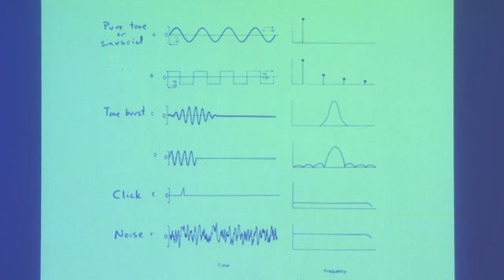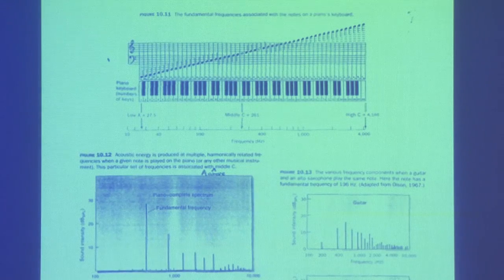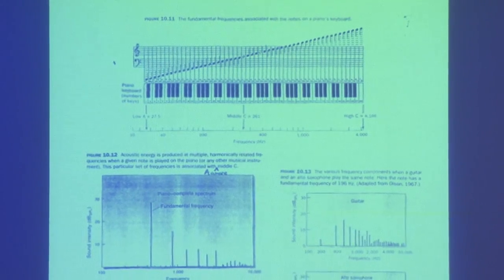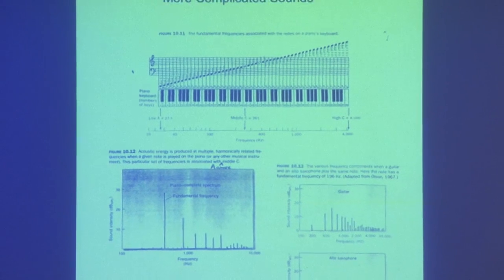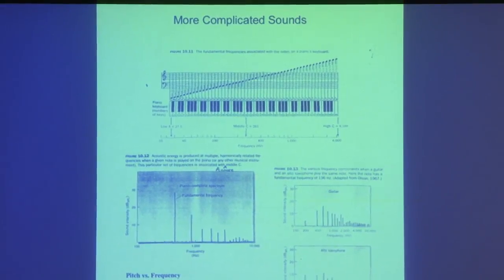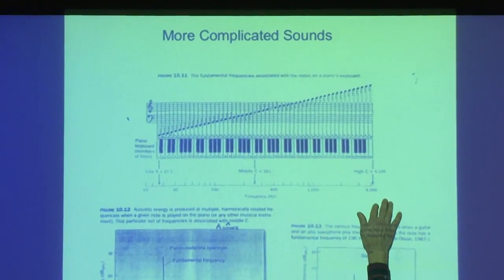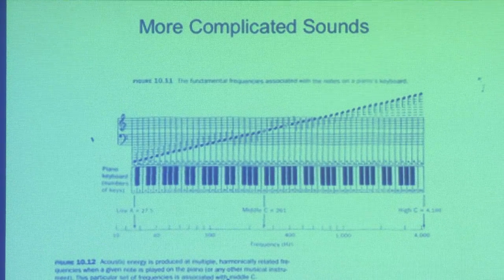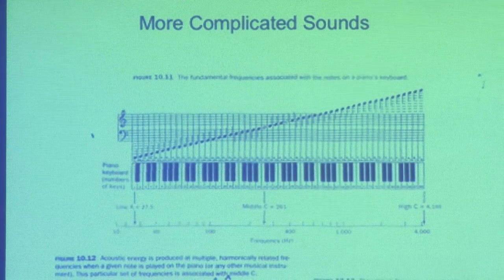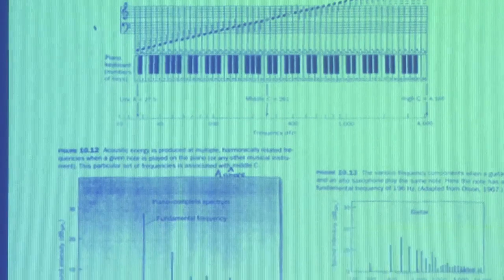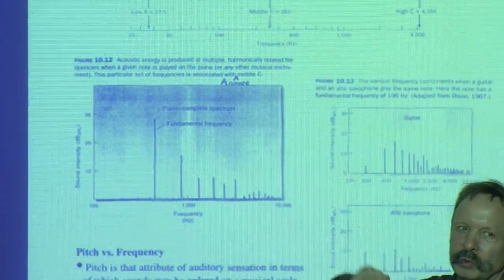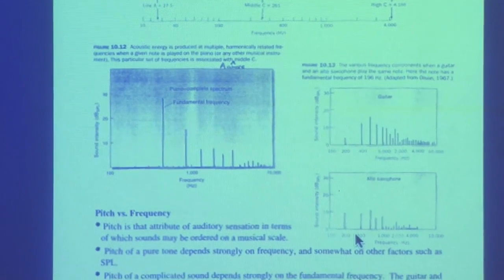And let's go through some more complicated and maybe more interesting sounds. Okay, well, all of us like to listen to music, right? So here are some examples of musical sounds. This is a piano keyboard, and here is the spectrum or frequency representation of what you get when you strike one key on the piano keyboard.